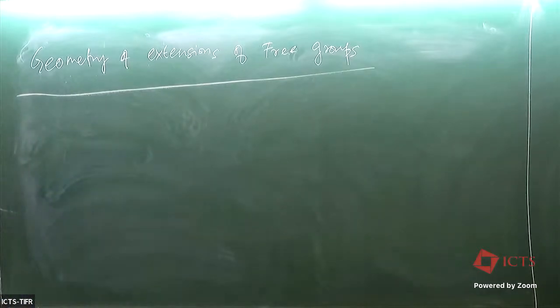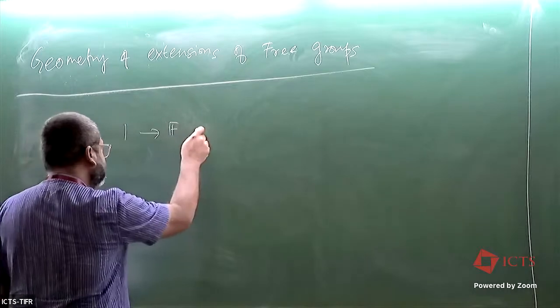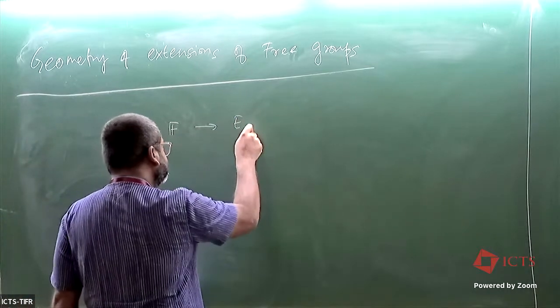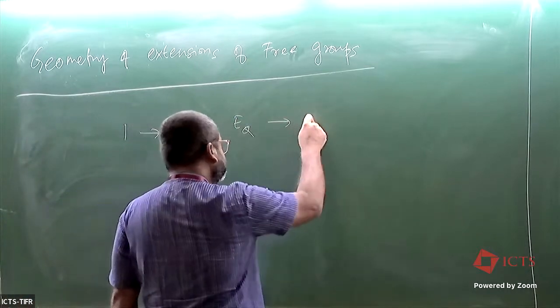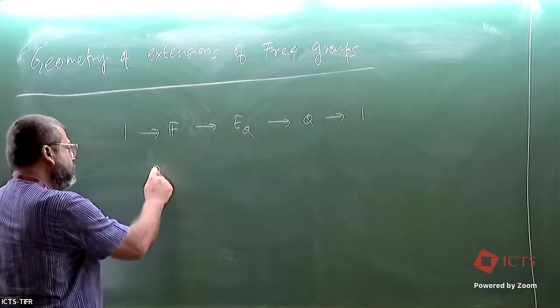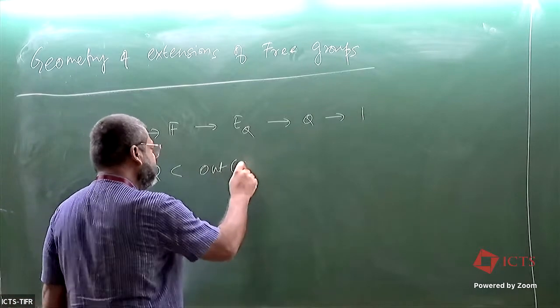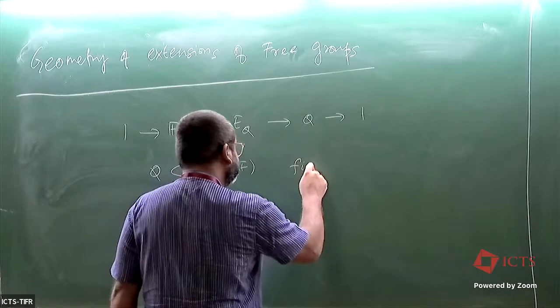Right. So what is the setup that we have here? We'll consider a short exact sequence. Q is a finitely generated subgroup of Out(F).